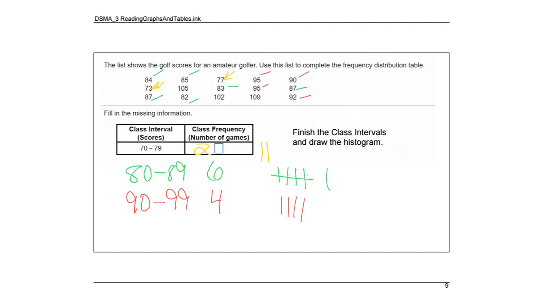And then finally, let's do 100 to 109. That's what I have left. So it looks like I have 3 of those. Okay, so this is called a frequency distribution table. We're going to do these in chapter 2, but we're just getting you started and looking at these tick marks. This would be 1, 2, 3 if you were doing tick marks.